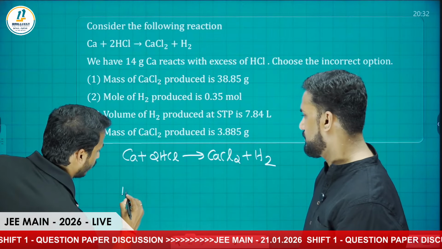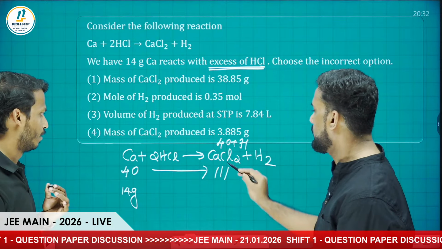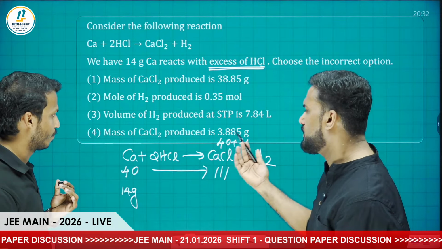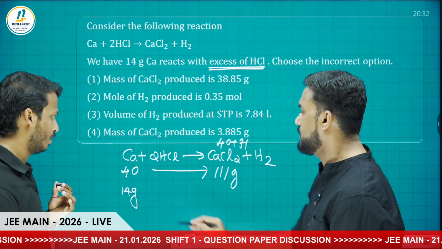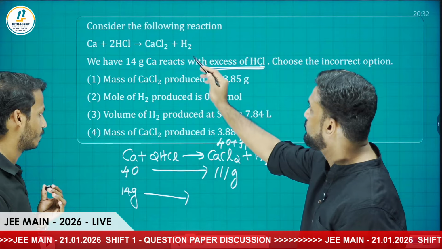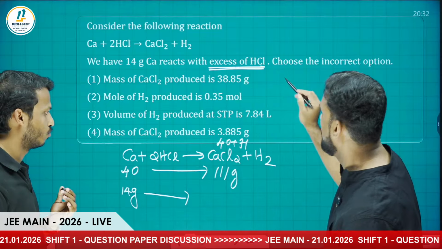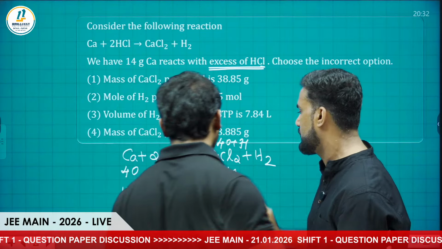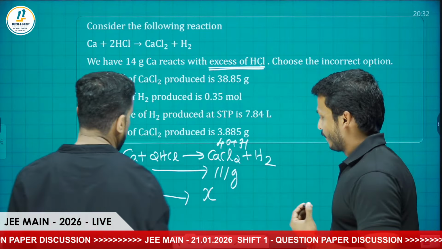So limiting reagent here you can write easily: 40 gram will give 40 plus 71, that is 111 gram of CaCl2. So 14 gram will give this one. HCl is in excess, so definitely this one you can take as x, and the x value can be calculated.